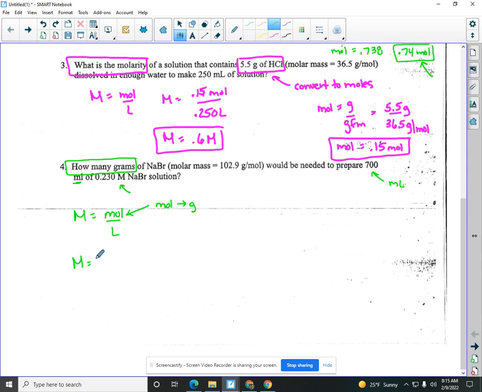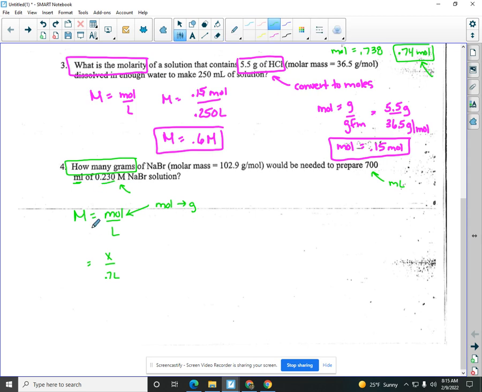Molarity equals moles over liters. Let's find the moles. We're looking for moles. The moles is my X, and my liters is going to be 700 milliliters, which is 0.7 liters. My molarity is 0.23.